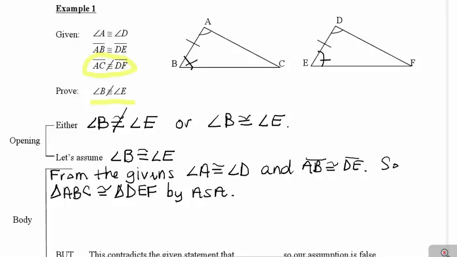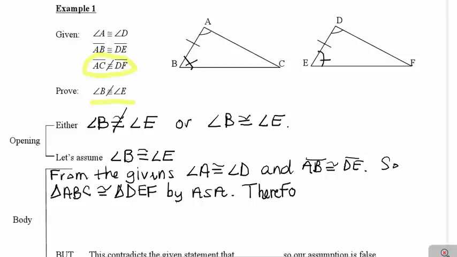And keep in mind, we're trying to contradict one of the givens. The only given we haven't said yet is that AC is not congruent to DF. But now that I know the triangles are congruent by angle side angle, then AC must be congruent to DF by CPCTC.